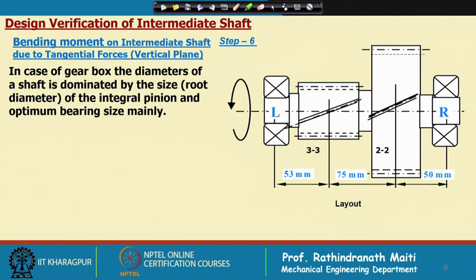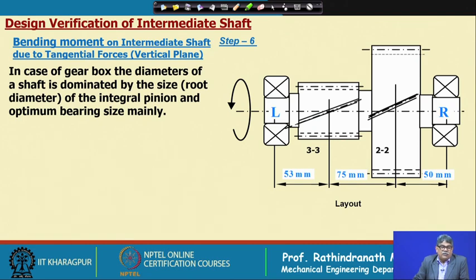First of all, in case of a gearbox, the diameter of the shaft is dominated by the root diameter of the integral pinion and the optimum bearing size mainly. This is particularly for input and intermediate shafts. For output shafts we can go for other dimensions, because the material is different and it is not integral with the gears.